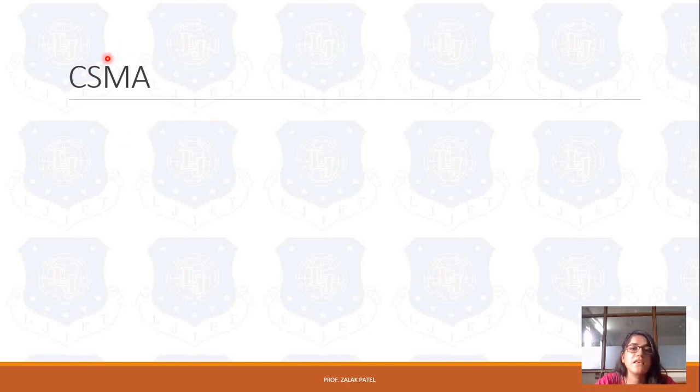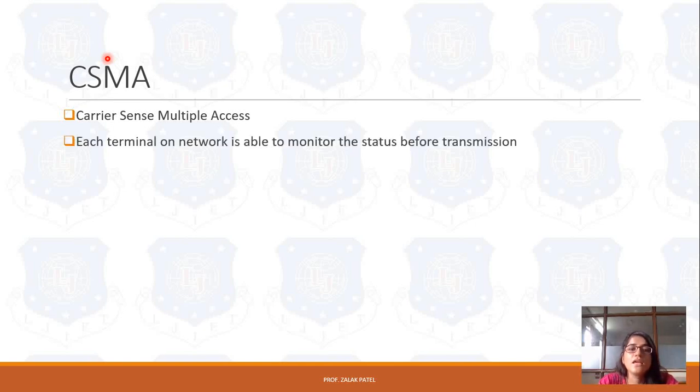Next topic is CSMA. The full form of CSMA is Carrier Sense Multiple Access. In Carrier Sense Multiple Access, the objective is that each terminal on the network is able to monitor the status before transmission. Now, what is the meaning of being able to monitor the status?